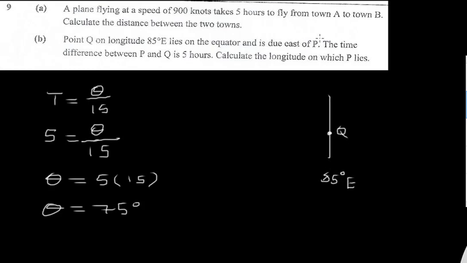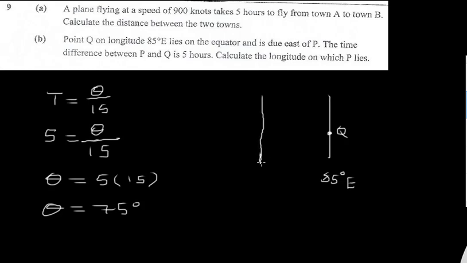And we're told point Q is due east of P, so point Q is on the eastern side of P, meaning point P is somewhere on the west. So our point P should be somewhere here.